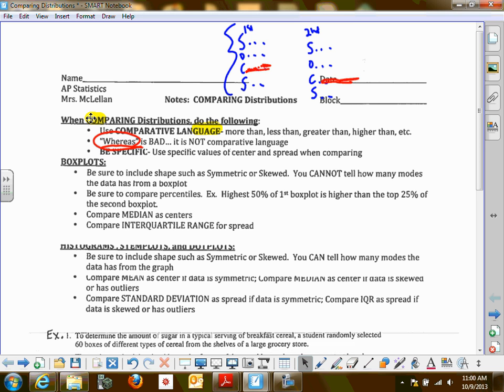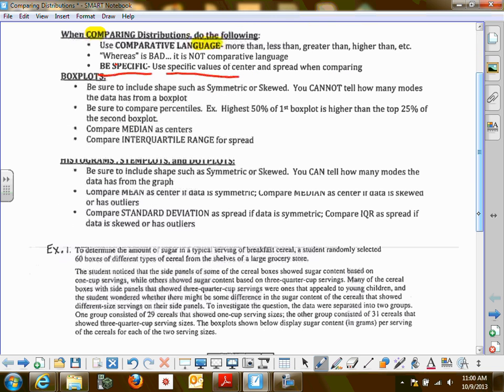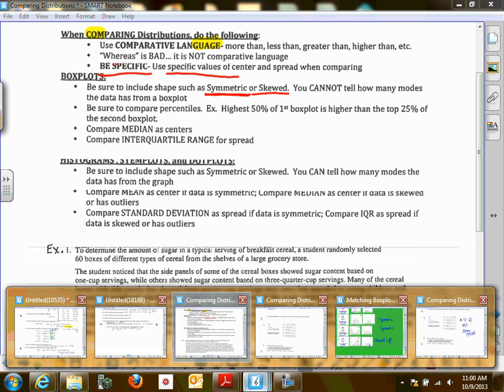Now you want to be specific also. Be specific and use specific values for your center and spread when you are comparing. If you are comparing a box plot, you have the ability to say center, or whether something is symmetric or skewed.